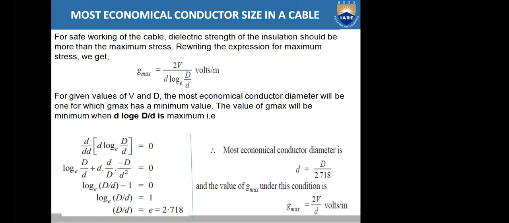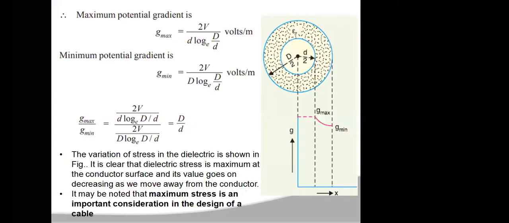Okay, so during safe working conditions of a cable, the dielectric strength of the insulation should be more than the maximum stress. Under normal operating conditions, the cable insulation will have some maximum dielectric strength.